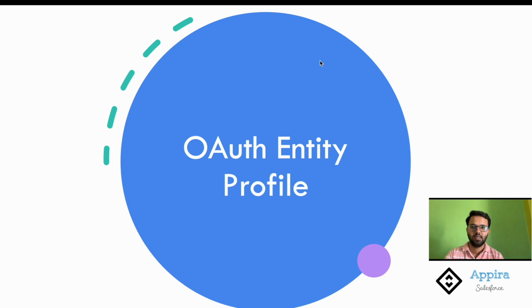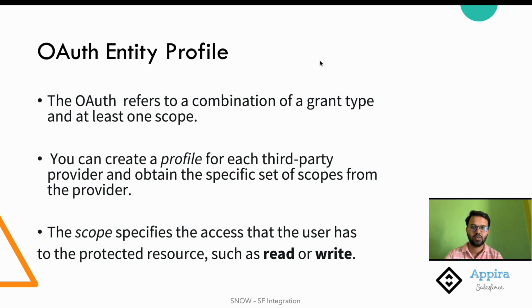So now we'll see OAuth entity profile. What is an OAuth entity profile? It's basically a grant type, and it tells us what scope the application has. Scope, when I say scope, means whether the user has read or write scope, or what type of scope.